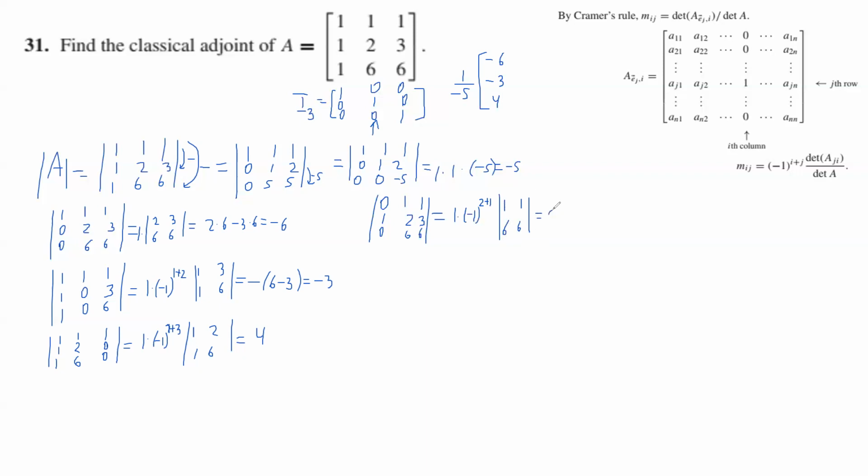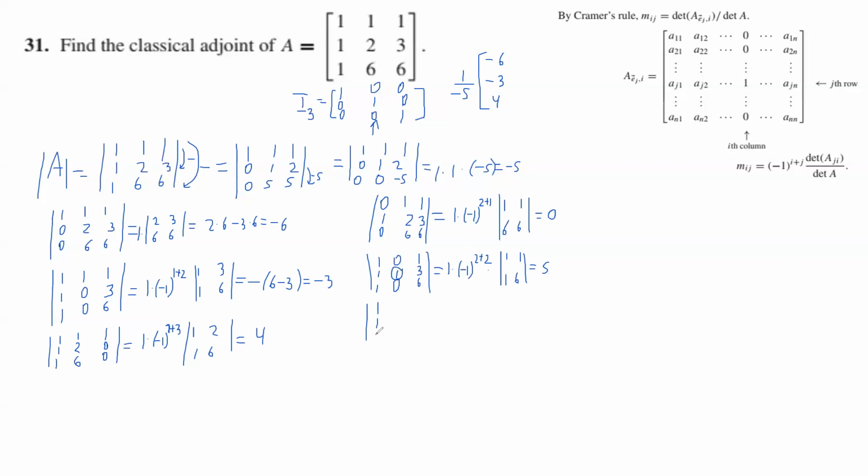So 6 minus 6 is 0. Next, 1, 1, 1, 0, 1, 0, 1, 3, 6. So it will be 1 times minus 1, this number is in the second row and second column, times 1, 1, 1, 6. So it will be 6 minus 1, which is 5.